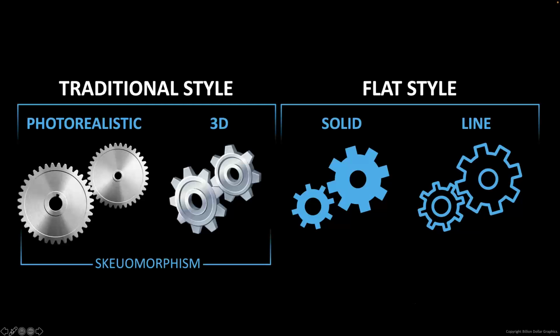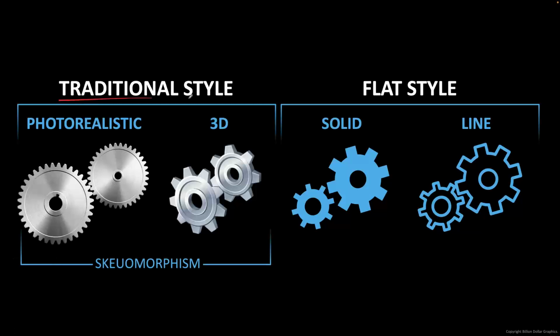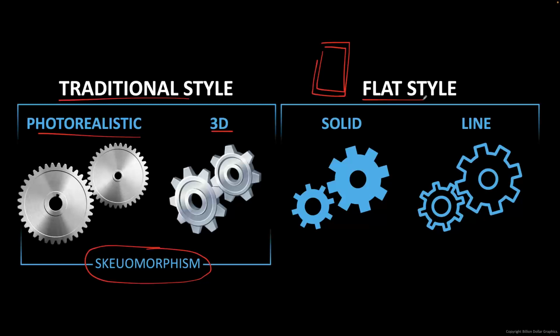So back in the day when you could make graphics that looked like this, what's called the traditional style, which was photorealistic or three-dimensional, called skeuomorphism, which meant it was trying to look like reality. People said, wow, that's awesome. And then came the advent of smartphones. Now, smartphones had a much smaller user interface, so things had to be simplified, and that gave birth to the flat style.